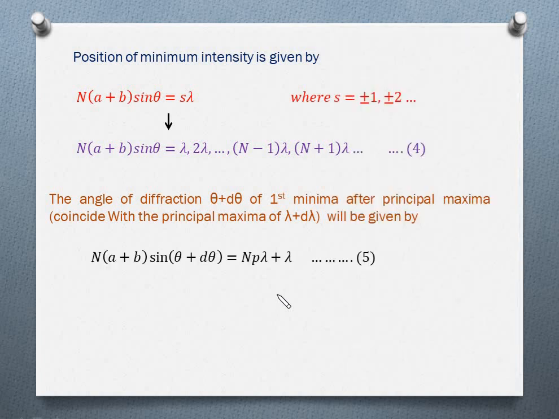The condition for the first minima will be (a plus b) sine (theta plus d theta) equals n p lambda, which is the condition for the pth order principal maxima, plus lambda. Remember, the earlier one is the general condition for minima of any order, and this is the particular condition for only the first minima just after the principal maxima.